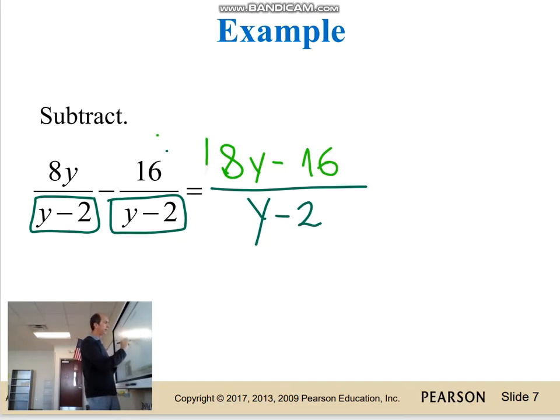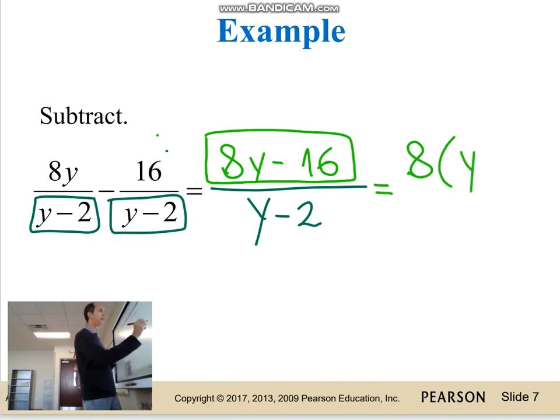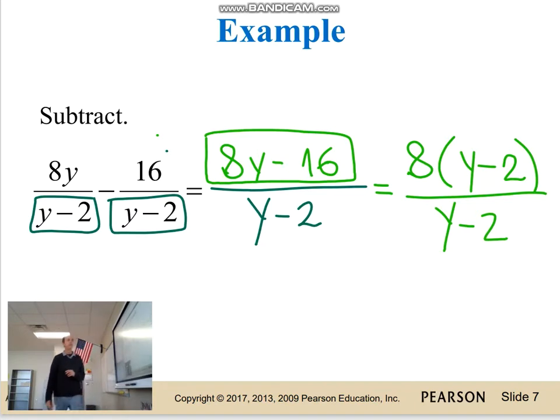What is interesting about this, if you check the numerator, 8y minus 16, you can factor out a number. Check if it's possible. If it's possible to factor it out, you have to do it. So we can factor out 8, and it will be 8 times y minus 2 over y minus 2, the denominator, right?